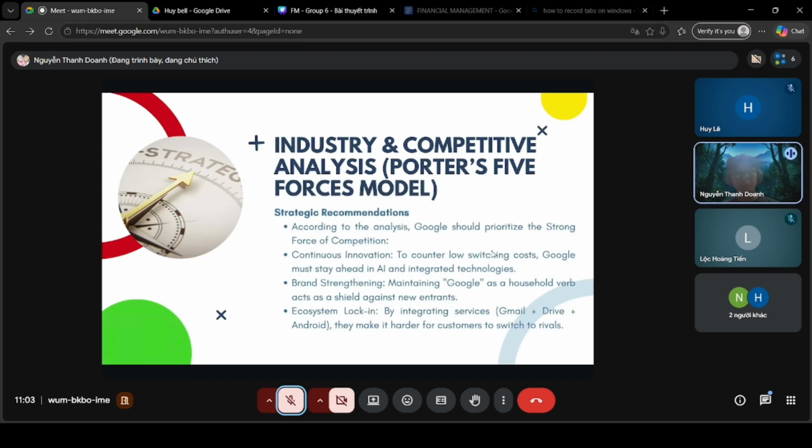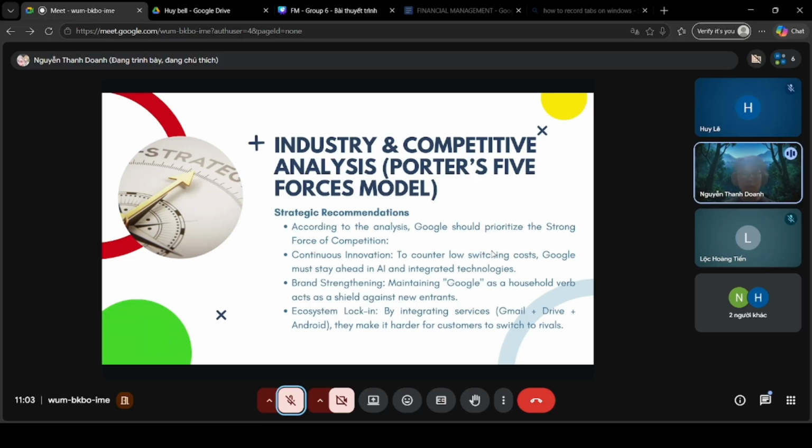Now we will talk about the strategic recommendations. According to the analyst, Google should prioritize the strong force of competition, like continuous innovation to counter low switching costs. Google must stay ahead in AI and iterative technologies.